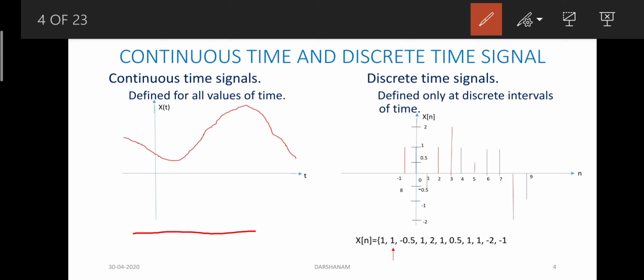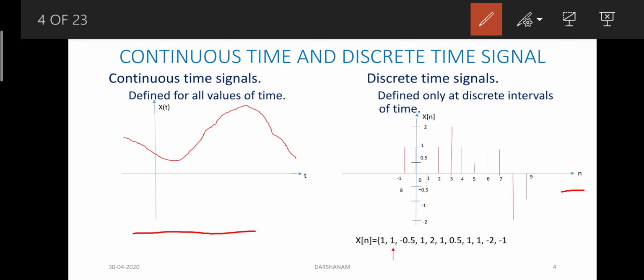Here, the time is specified as n, where n is called as index or time index. The n can only have integer values. We can see from the graph that it is -1, 0, 1, 2, 3, etc. The signal is defined only at these integer time intervals.